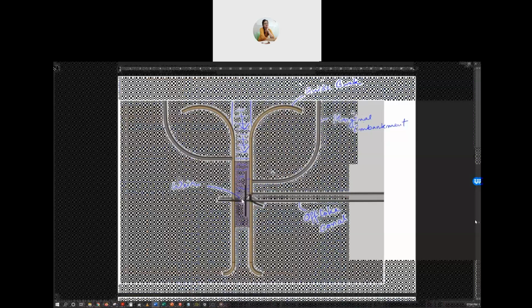There is another embankment which is called a marginal embankment. It can be provided on one side or both sides depending on the topography of the area. In this place, it's not clear whether that embankment is provided or not.